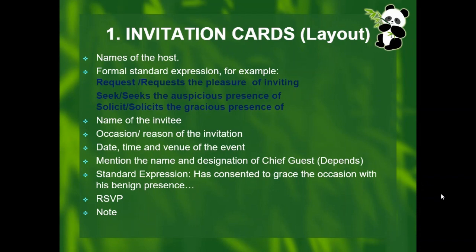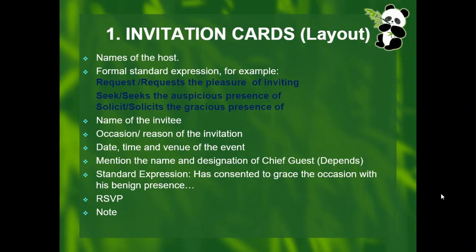All right? So if you have a chief guest, then you also have the standard expression. For example, Mr. ABC, the chief minister of so and so state, has consented to grace the occasion with his benign presence. Then on the left hand side, you write RSVP. Okay, that means the one who's receiving the calls. Maybe sometimes you need to reply, sometimes you need to make a telephone call to that person inquiring about the occasion.